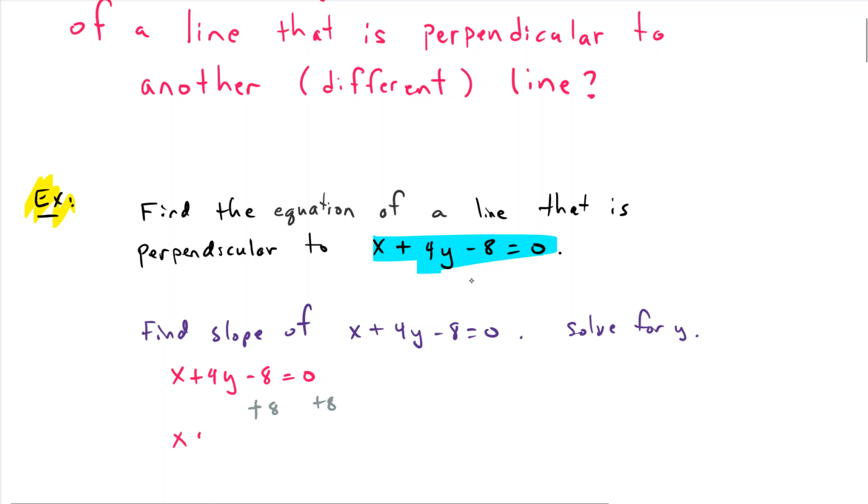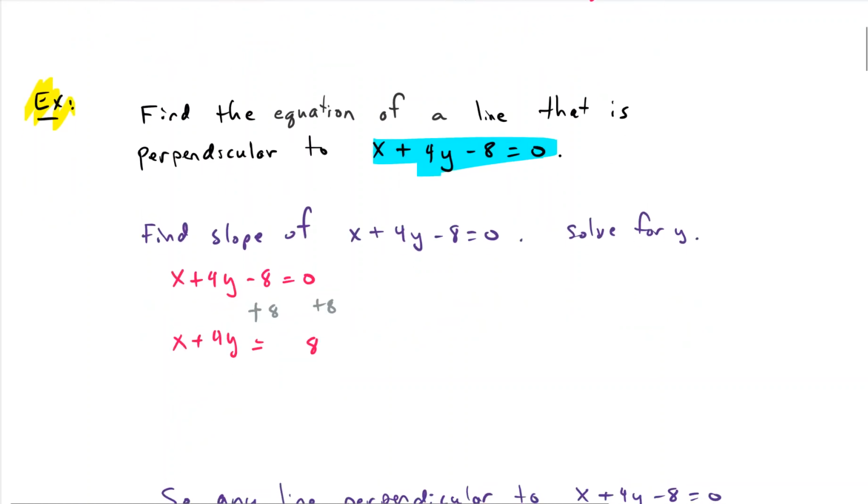That gives us x plus 4y equals 8. We're then going to subtract an x from both sides. That gives us 4y equals negative x plus 8.